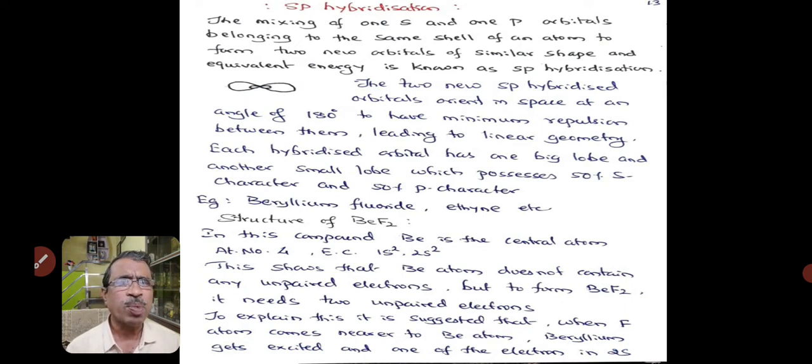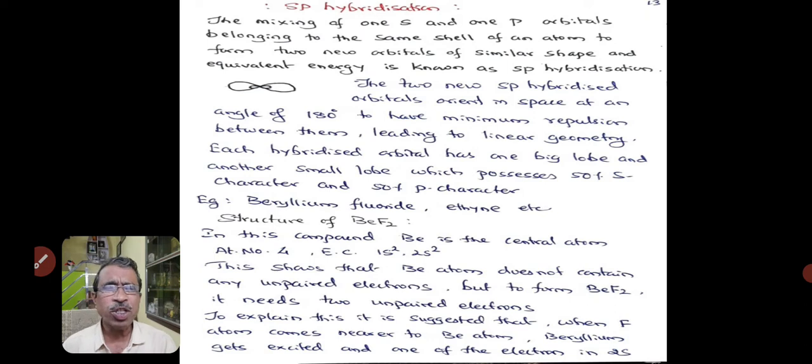The two new sp hybridized orbitals orient in space at an angle of 180 degrees to have minimum repulsion between them, leading to linear geometry. Each hybridized orbital has one big lobe and another small lobe which possesses 50% s character and 50% p character. Example: beryllium fluoride, ethyne, etc.